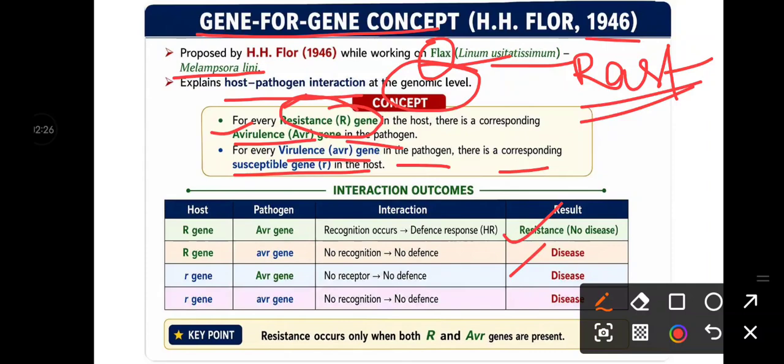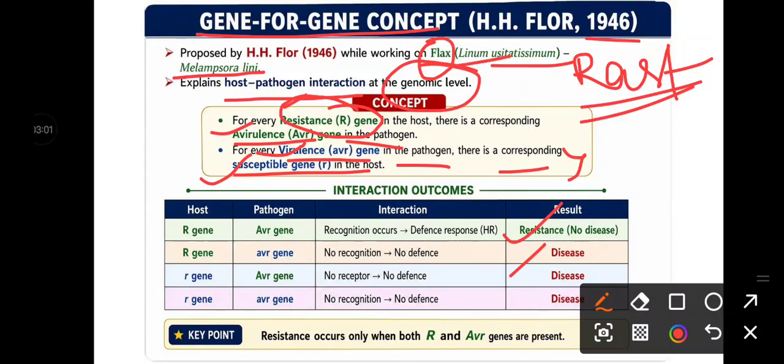Similarly, if a pathogen is showing virulence, meaning it is able to cause disease, why? Because the plant is carrying a susceptible gene. That's why the pathogen is virulent. Okay, so this is the basic gene interaction at the pathogen and host level, at the genomic level, for which we get the ultimate result, either resistance or disease.